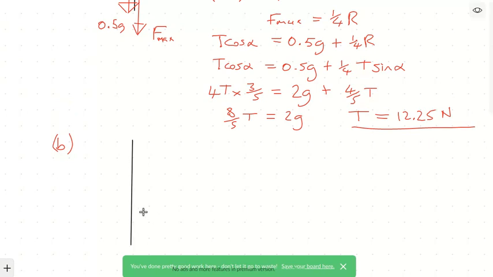Won't take a sec. We're making t as small as possible this time, which means that it could be on the point of going down rather than up, which is going to change the direction of the friction. And that's what's going to be different in this part. The friction's going to change direction because we want to make t as small as possible so that it's in equilibrium. And remember, t is just this one up here.